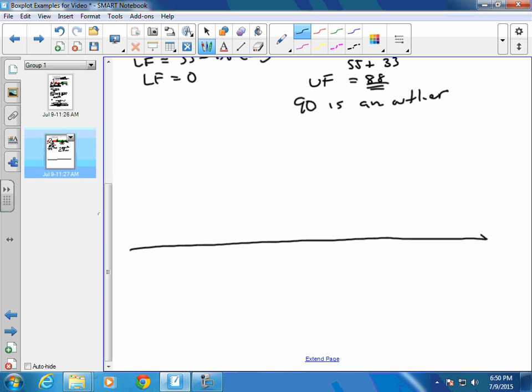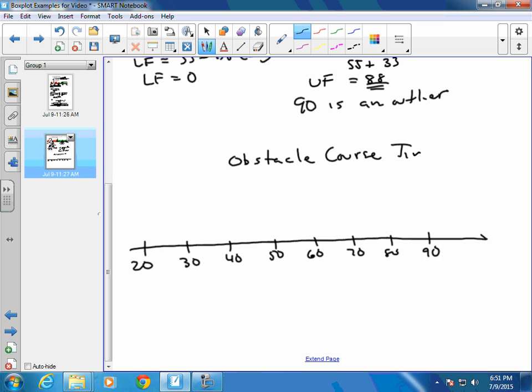All right, I got my number line. I'm going to put down 20, 30, 40, 50, 60, 70, 80, and then 90. Okay, this was obstacle course times. The unit was seconds.